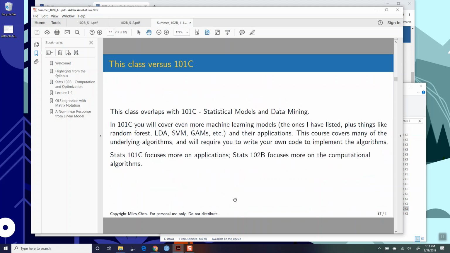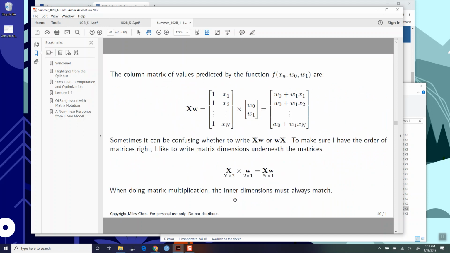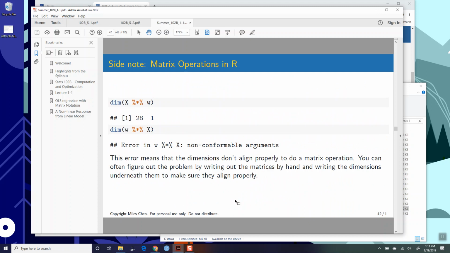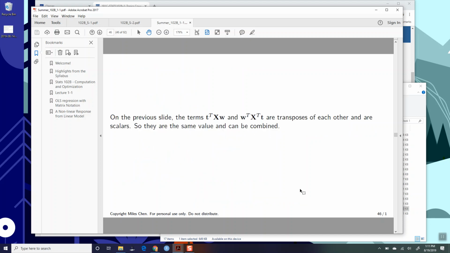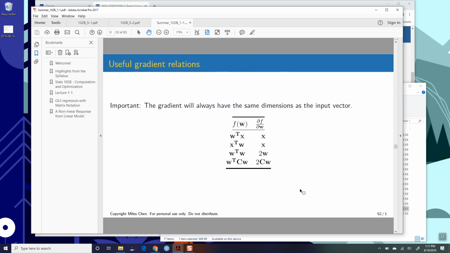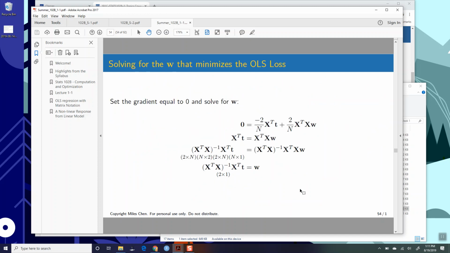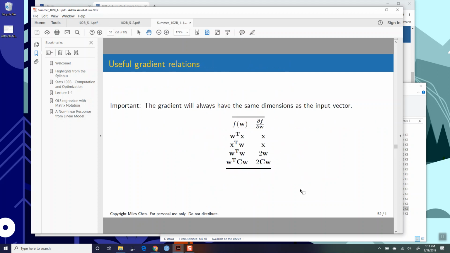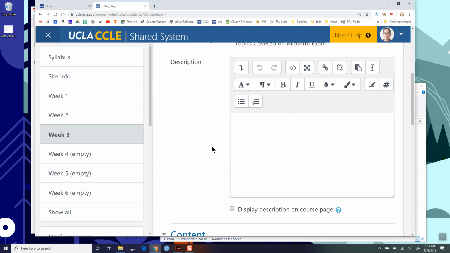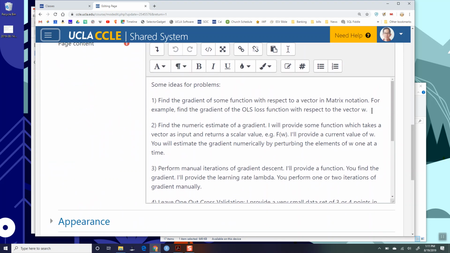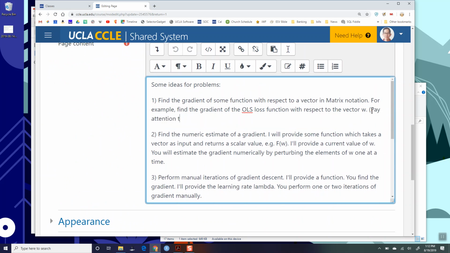This topic was covered in the first lecture, look at page 45 and then pages 52 to 55. So I'll say pay attention to summer lecture 1-1, page 45, and pages 52 through 55. Great. Is that all right?